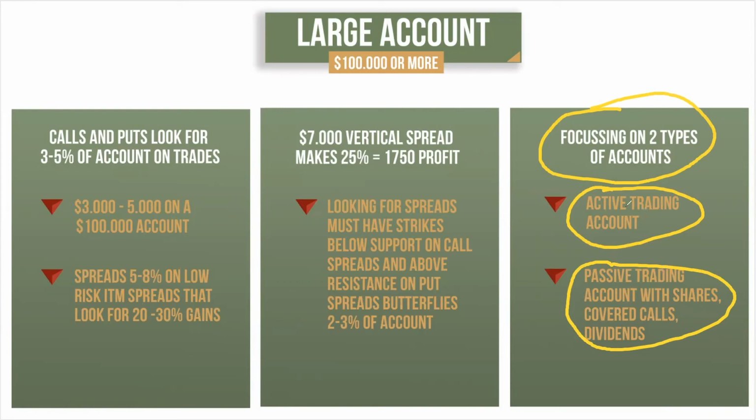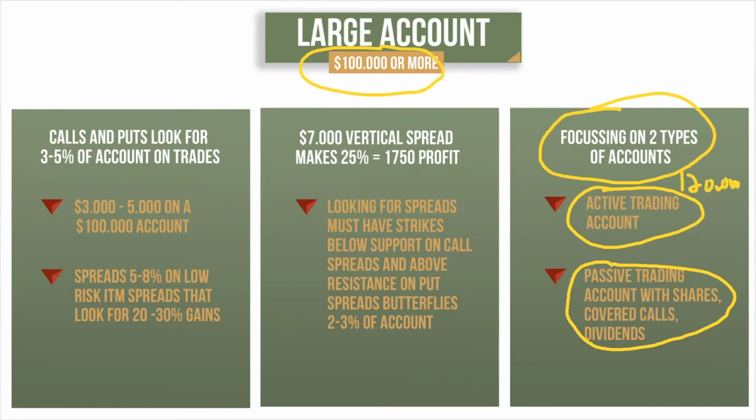So let's say you bought your $100,000 account, and let's say you made a small profit this week. Let's say you made 15%. Let's just say you made 20% to make it simple. So your $100,000 account after the first week is now at $120,000. You made a $20,000 profit, right?